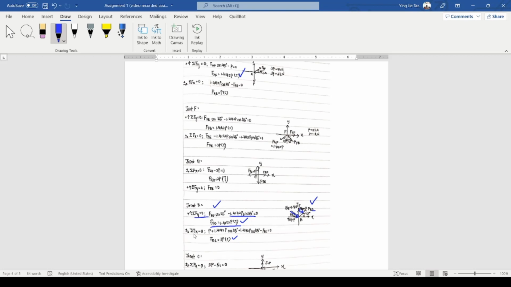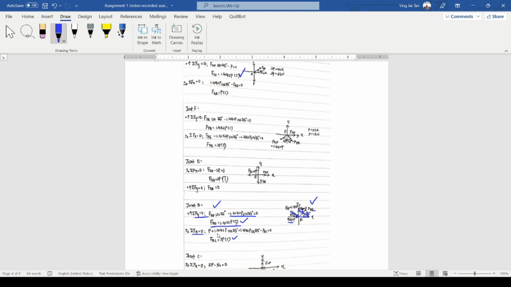So before we check, we need to find the magnitude of the force in the x-axis. So in the x-axis we have P. PAB we said is P. And then plus, with the same direction, this one will resolve to here.